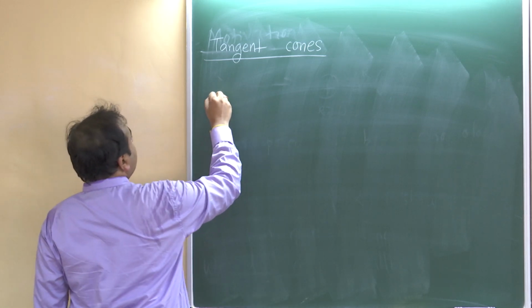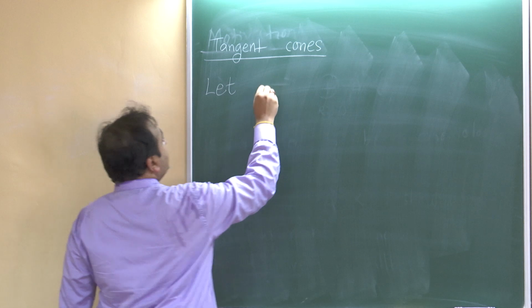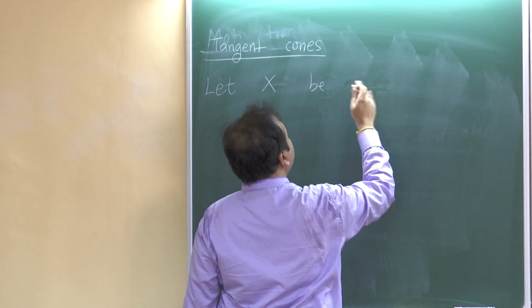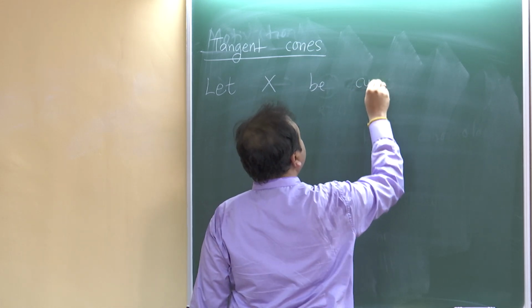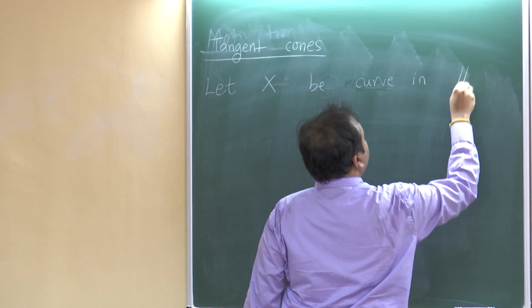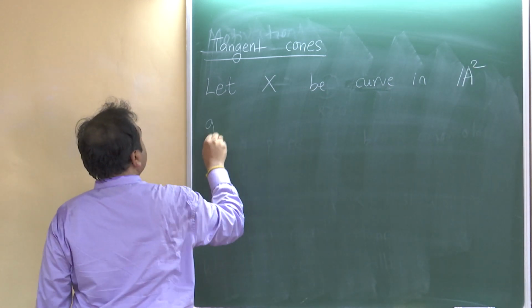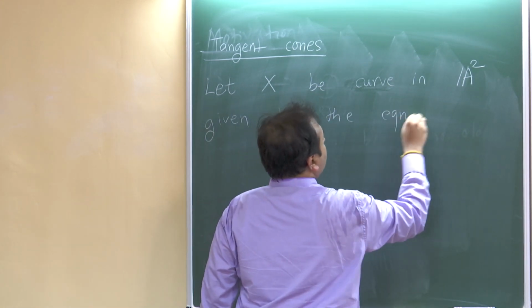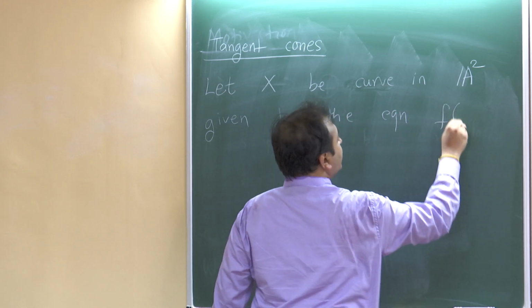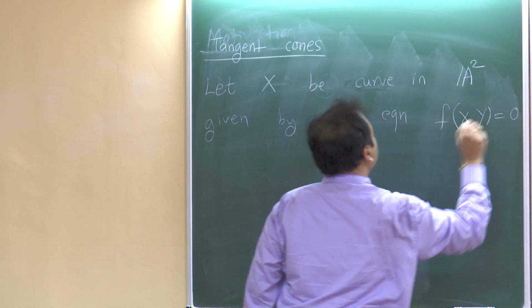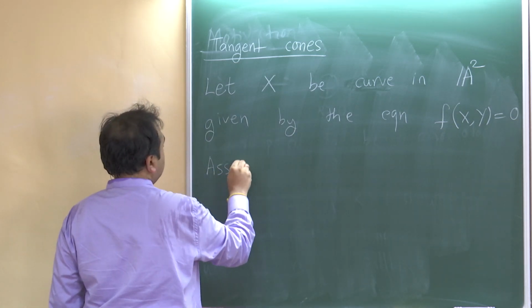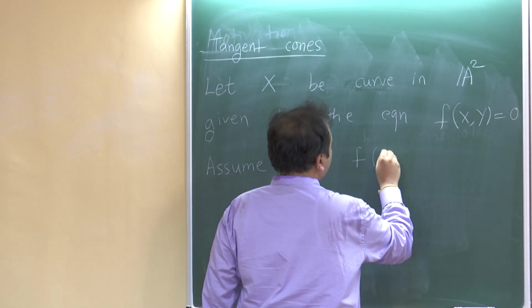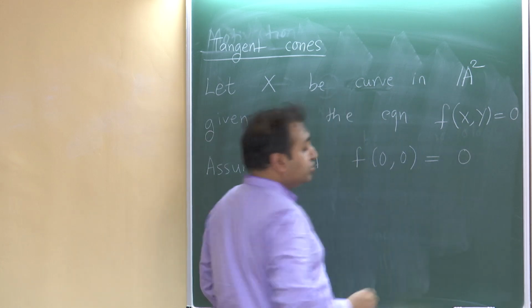As an example, let X be a curve in the plane given by the equation f(x,y) = 0, and assume that f(0,0) = 0. So it passes through the origin.